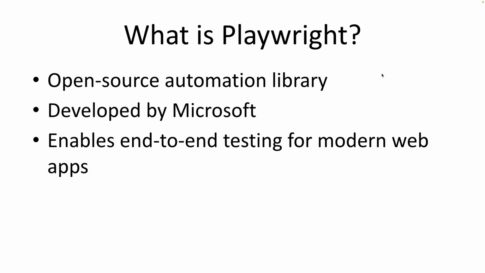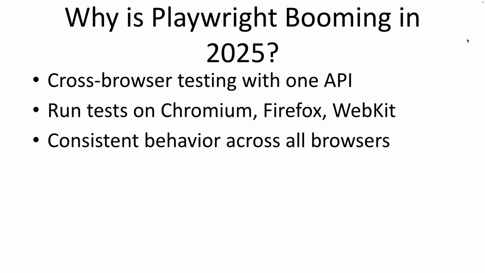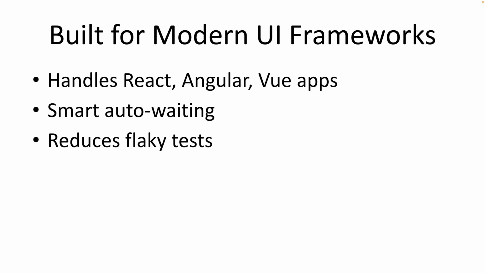Now, why is Playwright booming? One of its biggest advantages and truly a standout feature is its cross-browser support from a single API. This means you write your test scripts once and Playwright can run it natively across Chromium, Firefox, and WebKit, which powers Safari.